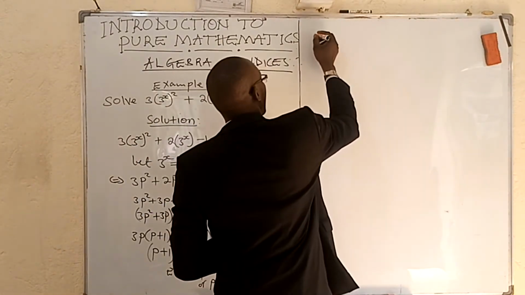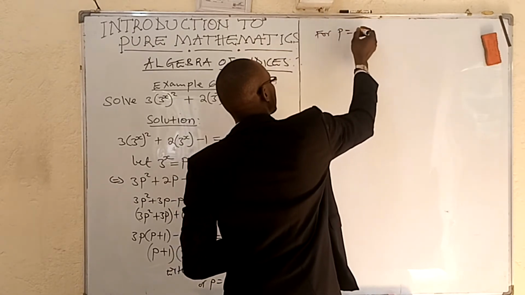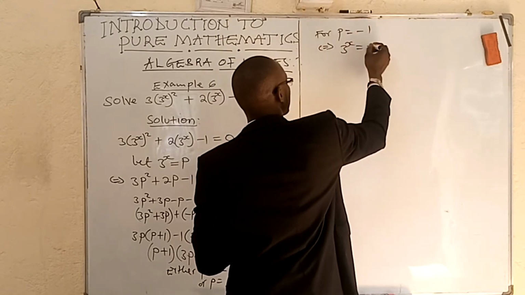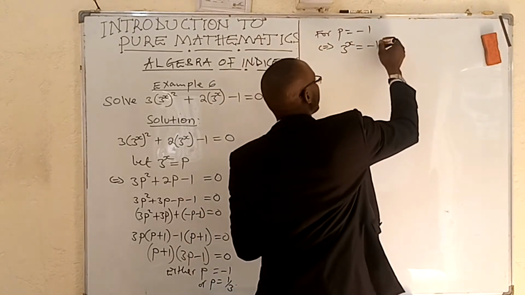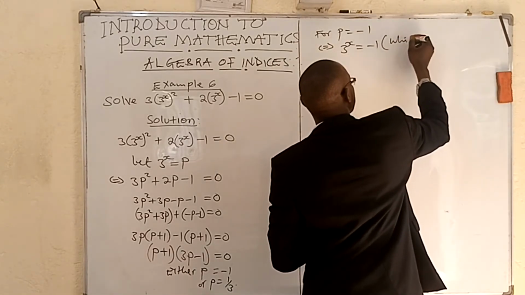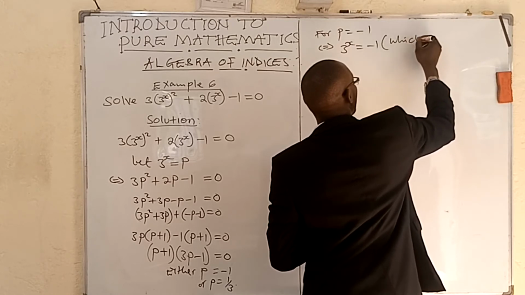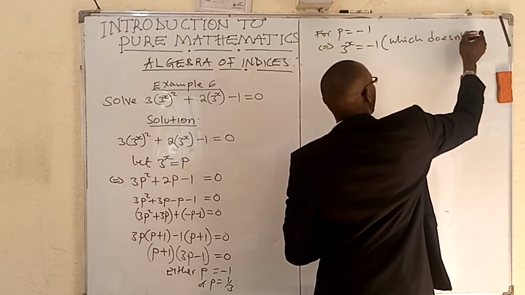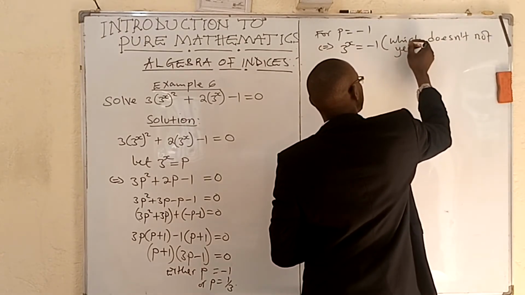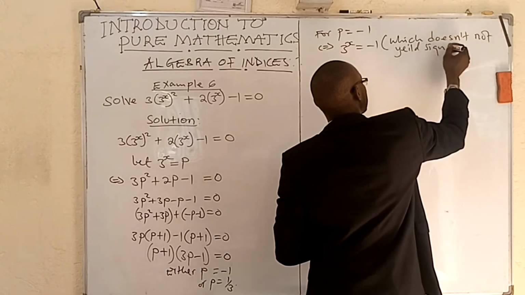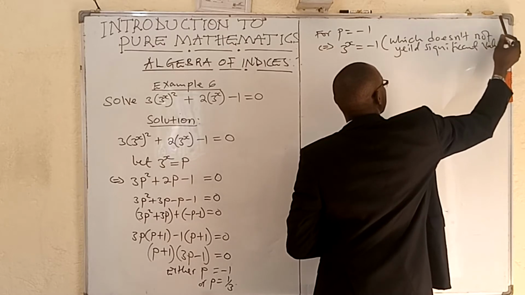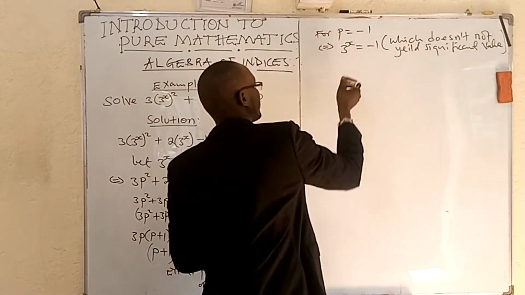So for p is equal to negative 1, this implies that 3 power x is equal to negative 1, which is neglected, which does not yield a significant value of x. So we ignore that.